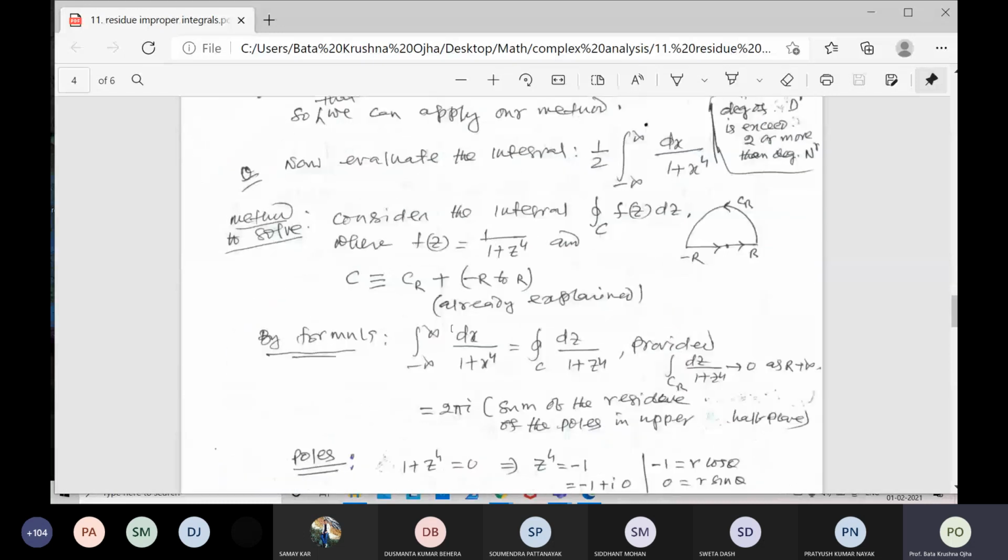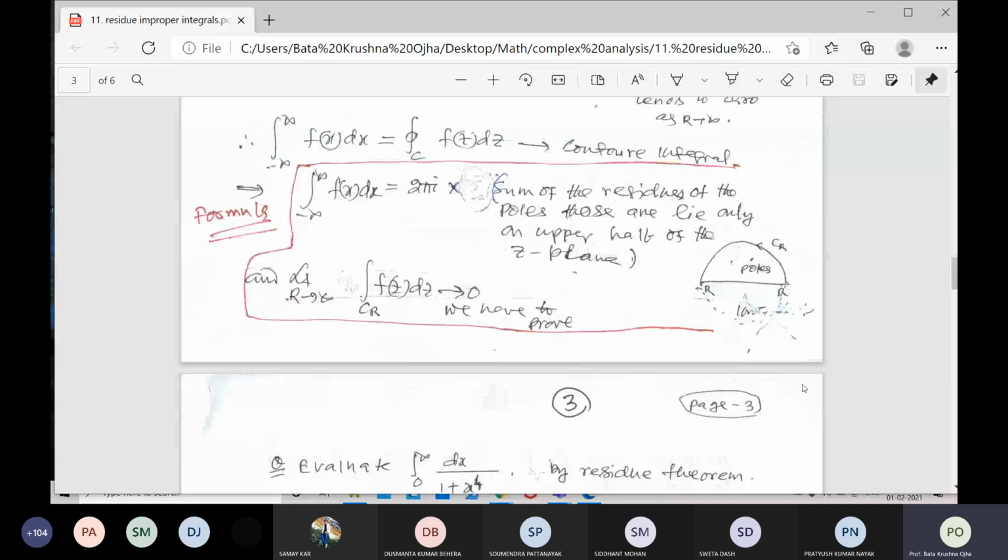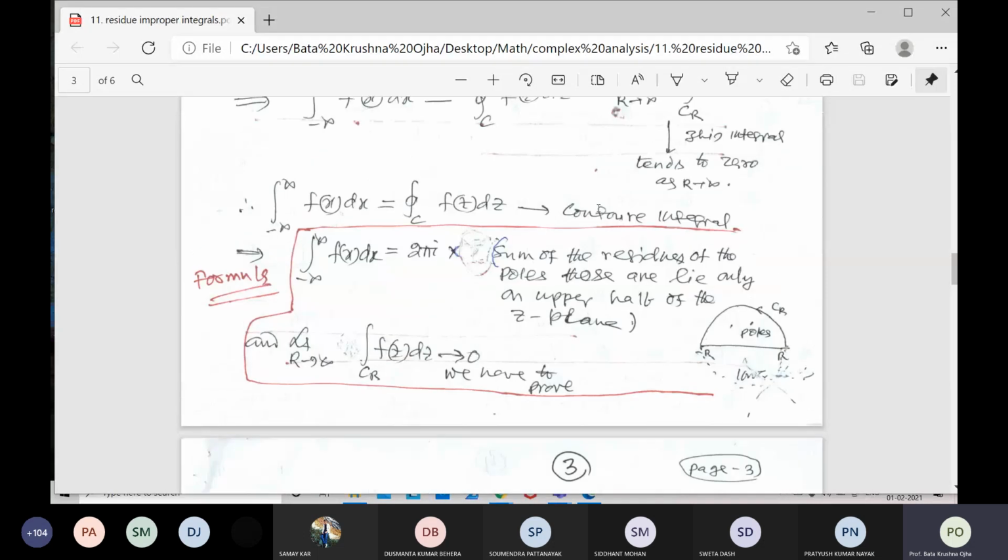So you can write the integral from minus infinity to infinity dx by 1 plus x to the 4 equal to the contour integral over C of dz by 1 plus z to the 4, provided that the integral of dz by 1 plus z to the 4 over the semicircle C_R tends to 0 as R tends to infinity. So I start from this line, right? What will we do here?